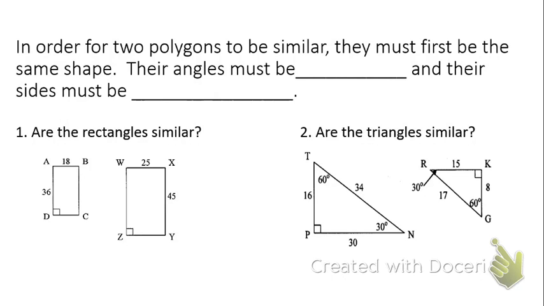Okay, so in Math 2 you talked about congruence, which was when two triangles or quadrilaterals or whatever were exactly the same. So what we're talking about is similarity.